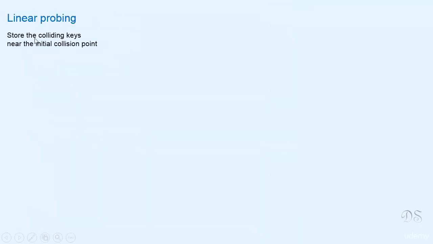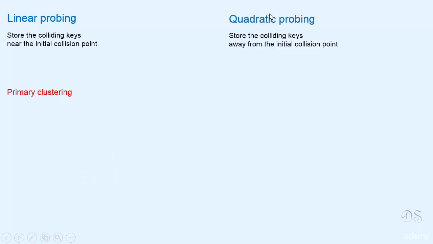In linear probing, we store the colliding keys near the initial collision point, and this results in primary clustering. In quadratic probing, we are storing the colliding keys away from the initial collision point. So this reduces the formation of clusters and thereby prevents primary clustering. But now we have a new problem called secondary clustering.